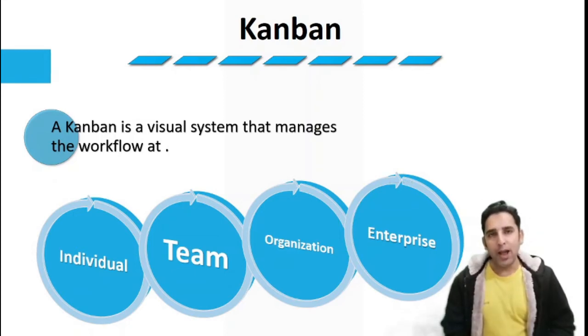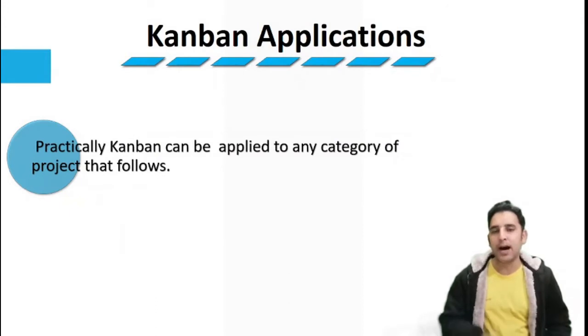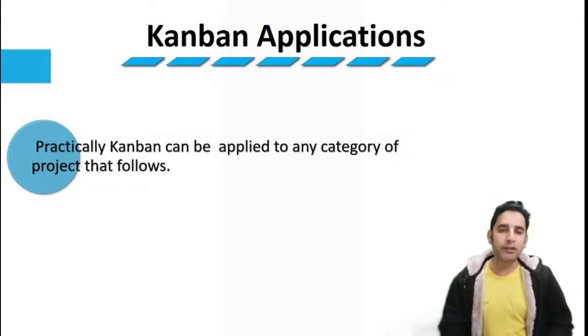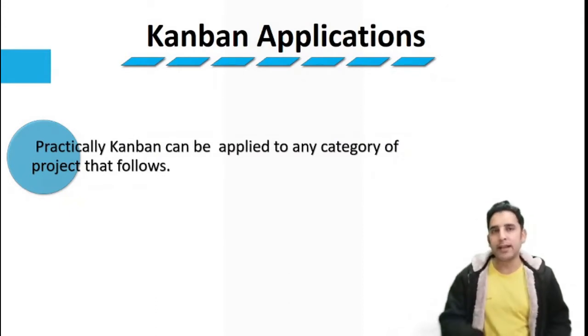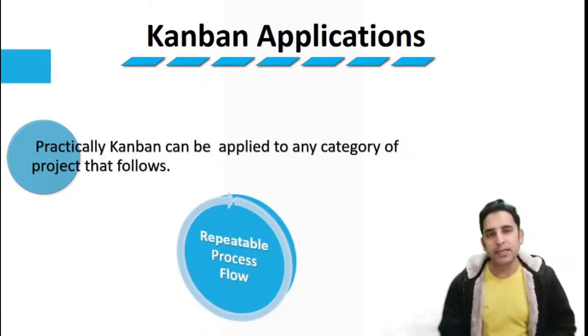Here comes a very valid question: which kind of processes or projects does the Kanban framework fit? The answer is that, practically speaking, Kanban can be applied to any category of project that follows the tradition of a repeatable process. So what exactly is a repeatable process?